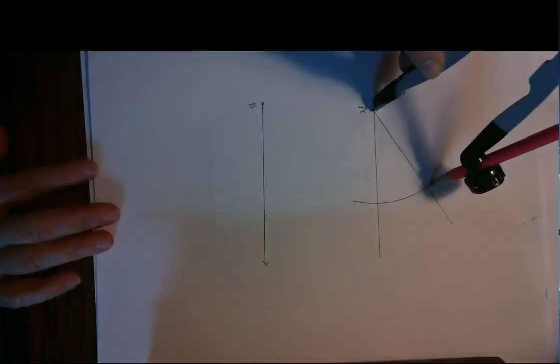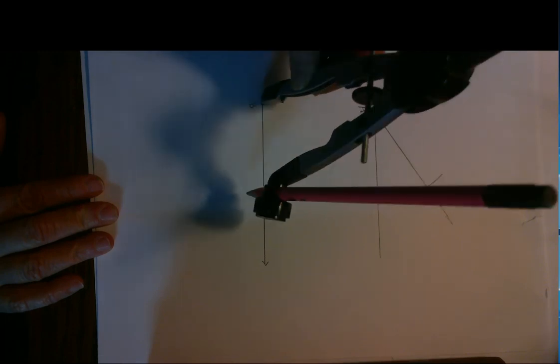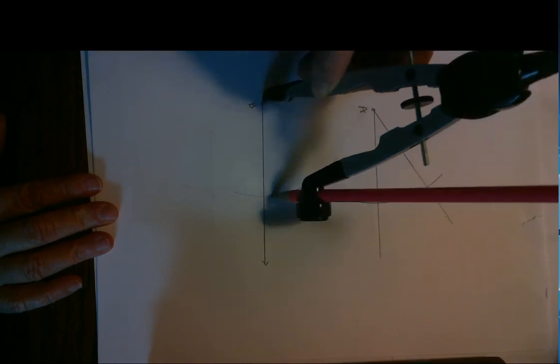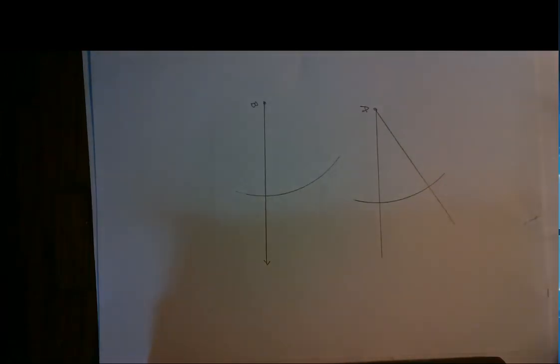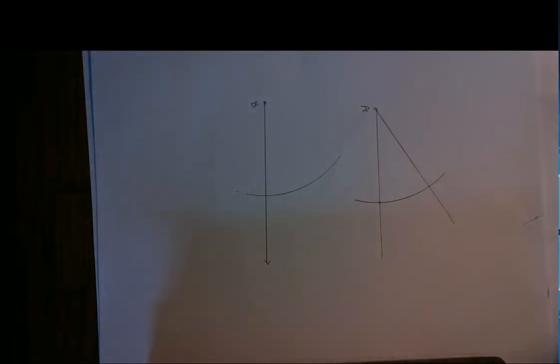Now without changing the radius, I'm going to pick up my compass, put the point at B, and swing an arc with the same radius. Now, it's important to have these 2 points of intersection. I'm going to use them.